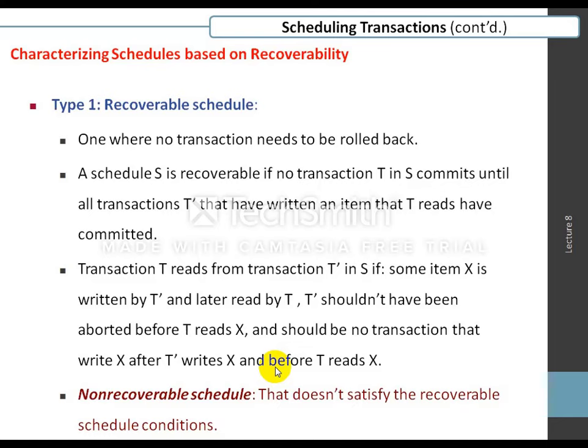Why? Because another transaction came and changed the value of T bar. Not a recoverable schedule. That doesn't satisfy the recoverable schedule conditions. If you have a schedule and the schedule does not satisfy these three conditions, we call this schedule not recoverable.